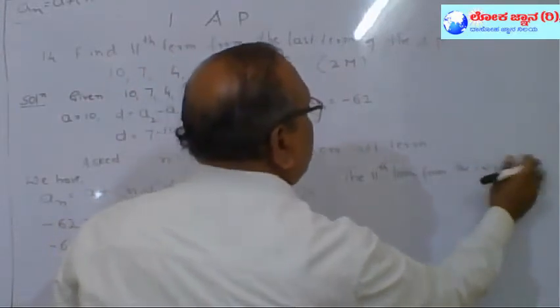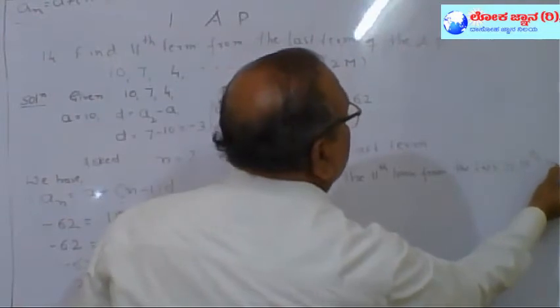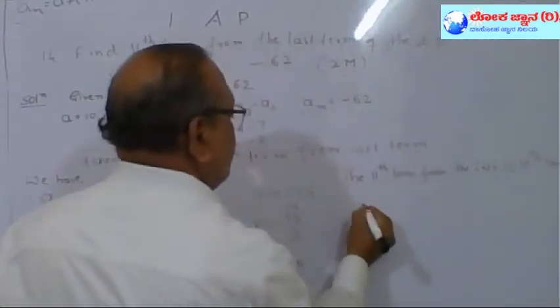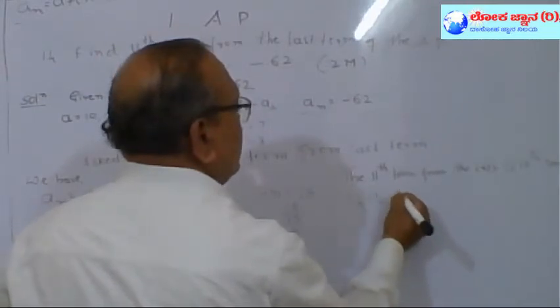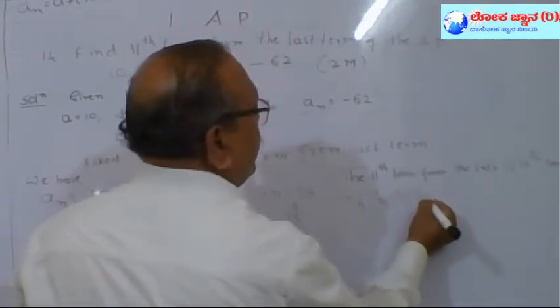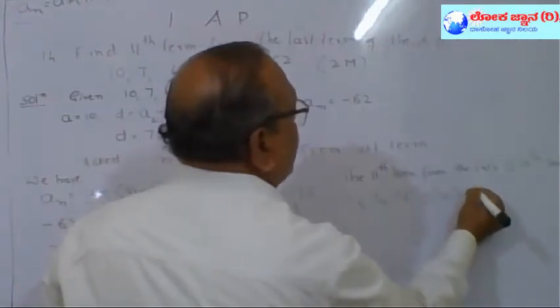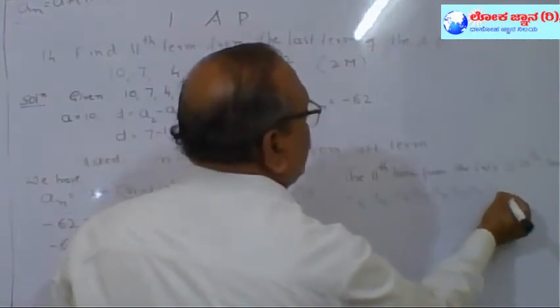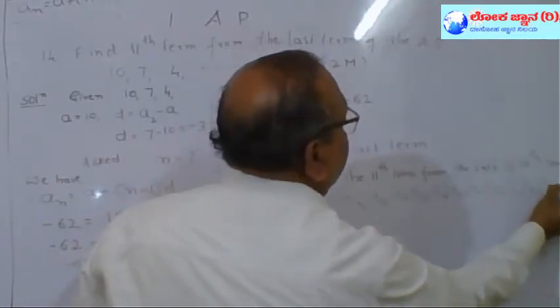Let me show you how. A15, A16, A17, A18, A19, A20, A21, A22, A23, A24, A25. Are you getting me?